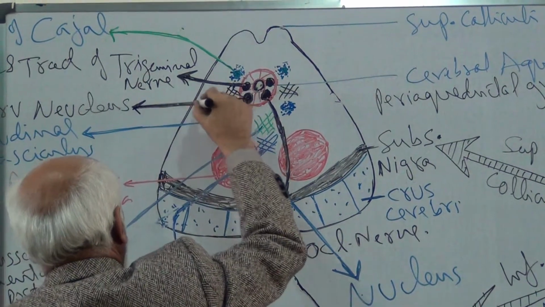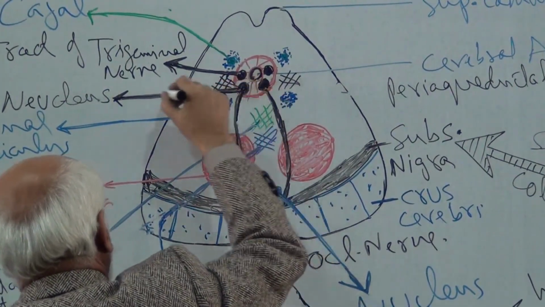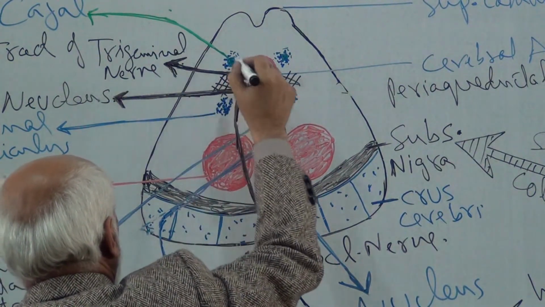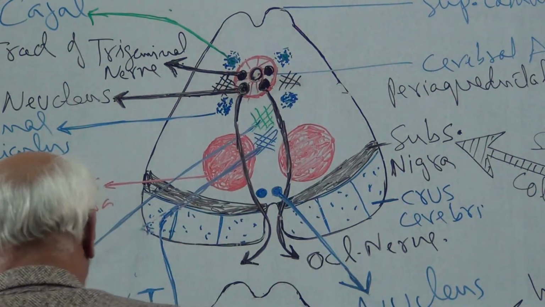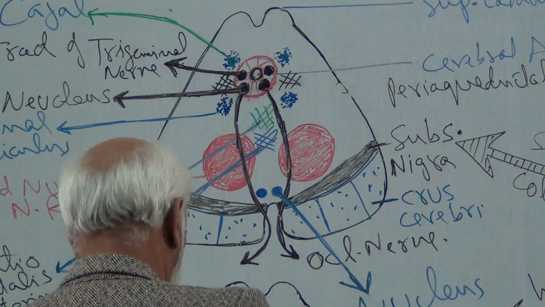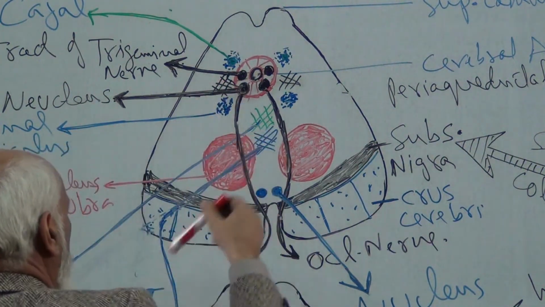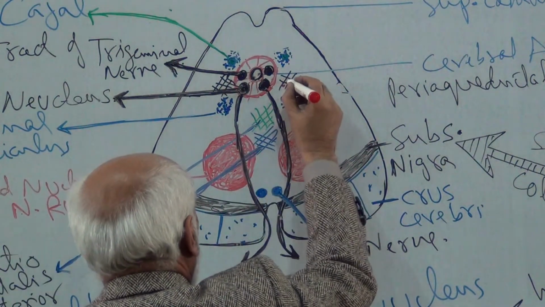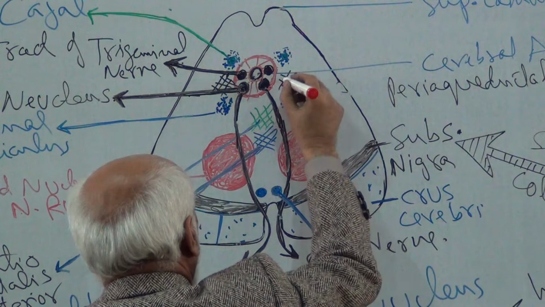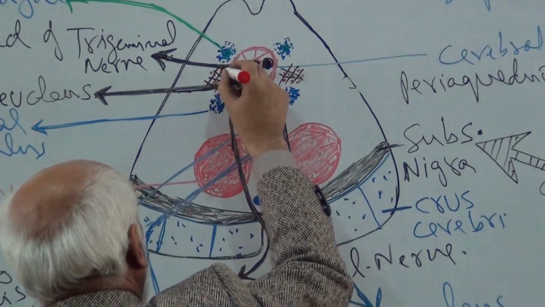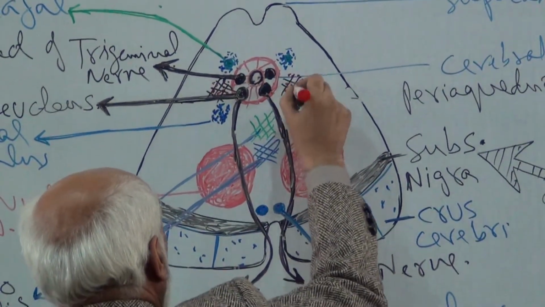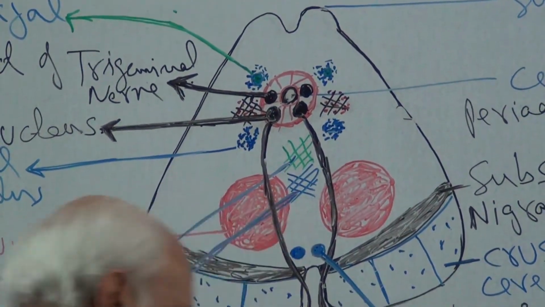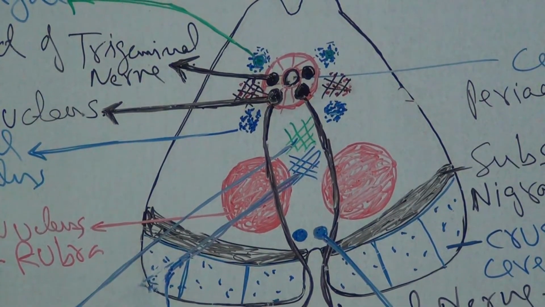Lateral to the central gray matter in the tegmentum of the midbrain at the level of the superior colliculus is a bundle of nerve fibers and nuclei. This is known as the reticular formation.